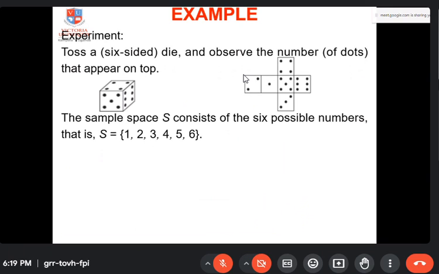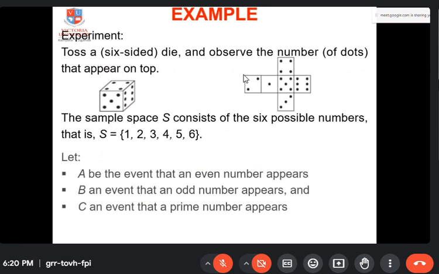So when you toss a die, the sample space has got 6 points. You can get a face which is having 1 dot, or a face having 2 dots, or a face having 3 dots, and so on, because we have 6 faces. So if the die is fair, each of those ones is a chance of showing up when you toss a die.